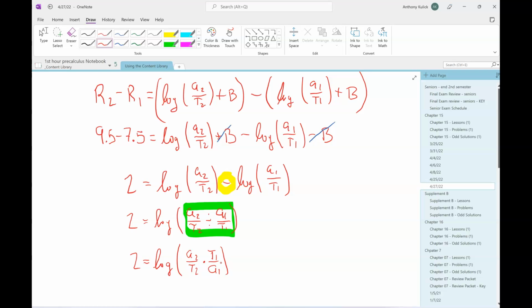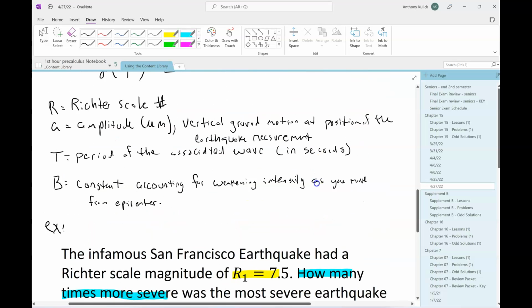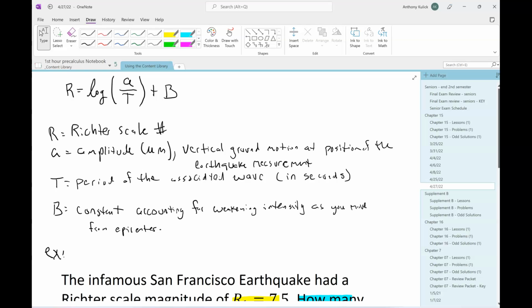Now we're going to make another assumption. The t was related to the period of the earthquake, and the amplitude is like the vertical ground movement, right?